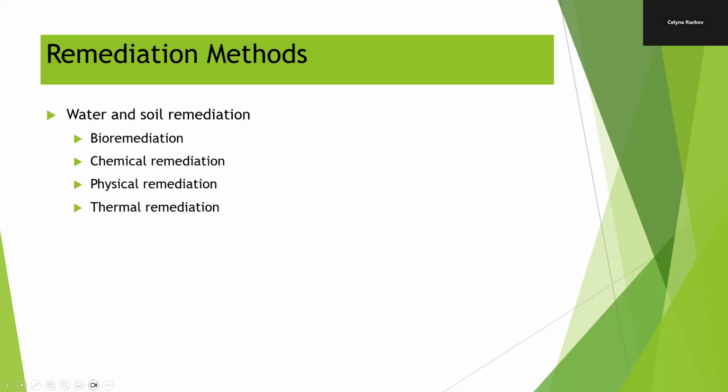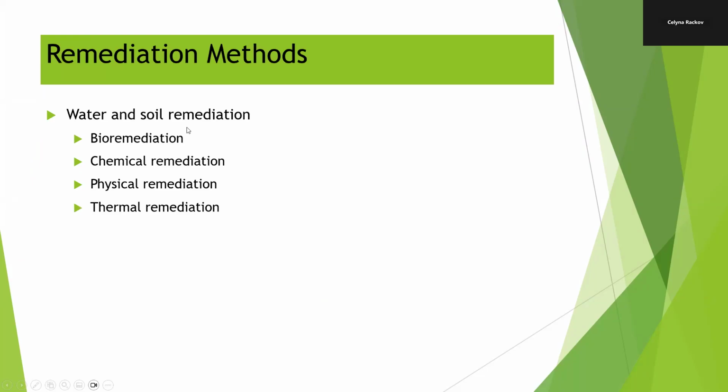Okay, so you have a contamination, but what can we do to treat it? We have different remediation methods for water and soil remediation. I'm going to talk here about just a few. For example, bioremediation.